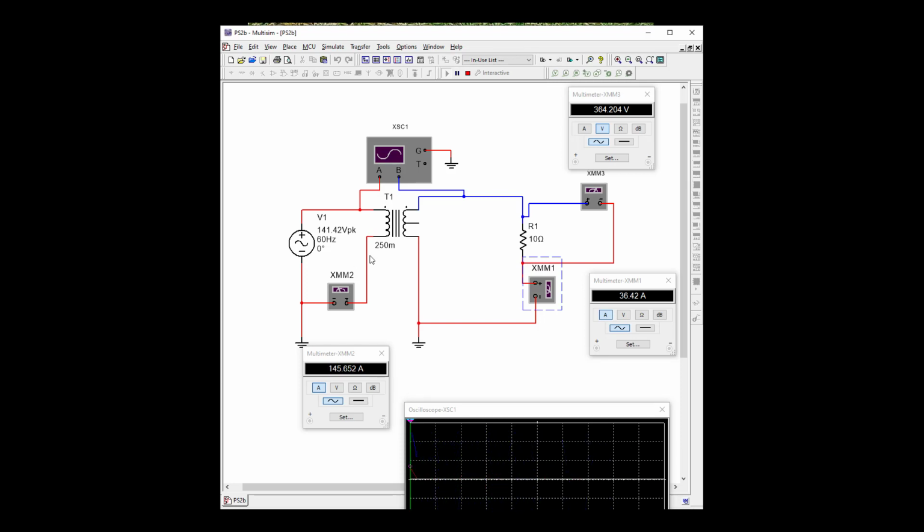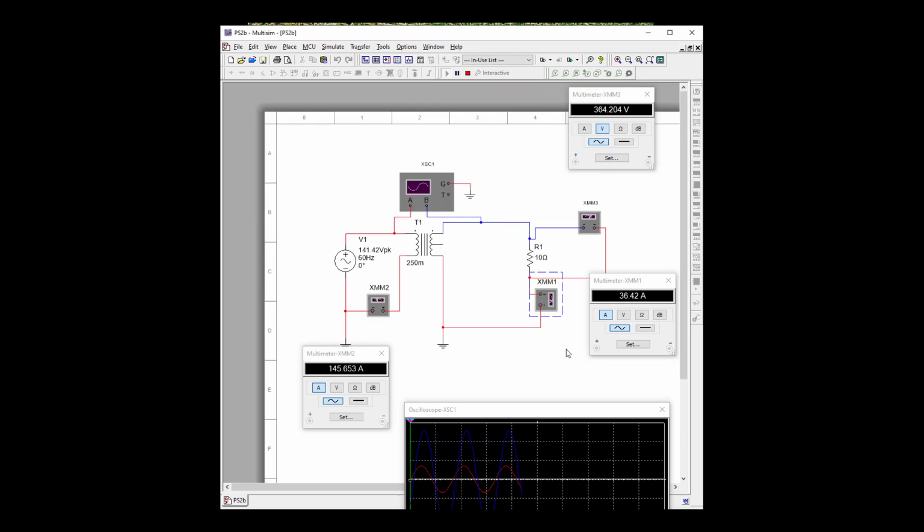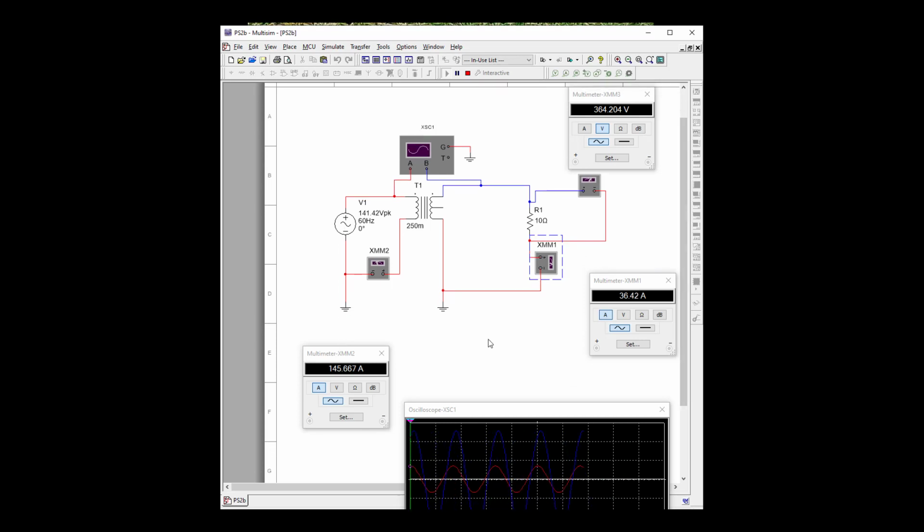So let's get started here. We have 100 volts here, and we have a 300 volt output. So we have a gain of 4, and we do have a gain of 4. When we have a gain of 4 in voltage, we're going to drop by a factor of 4 in current.